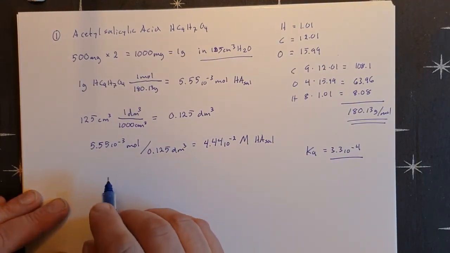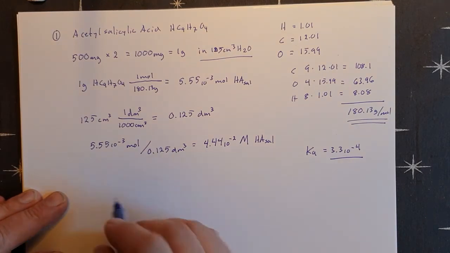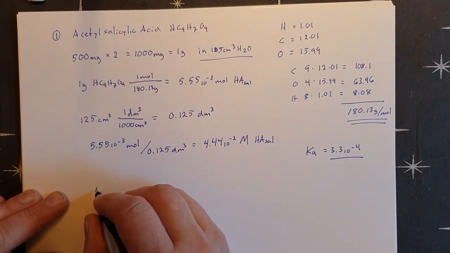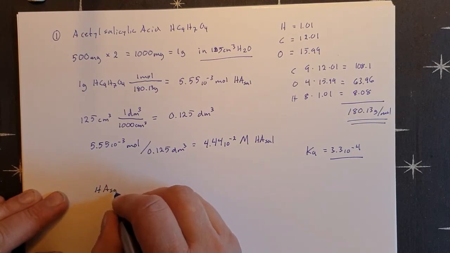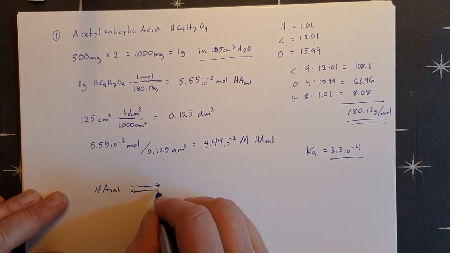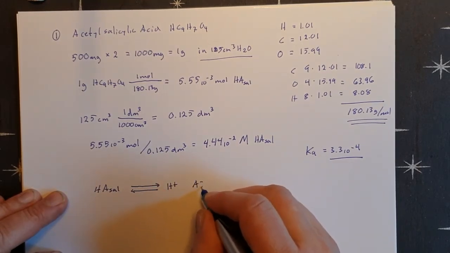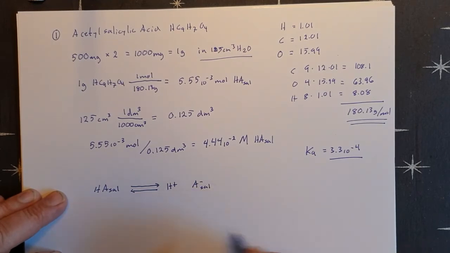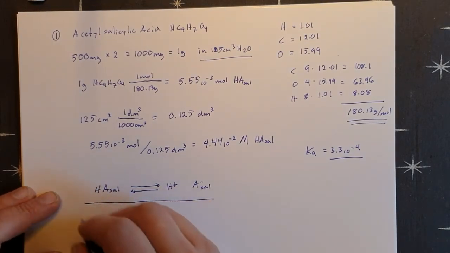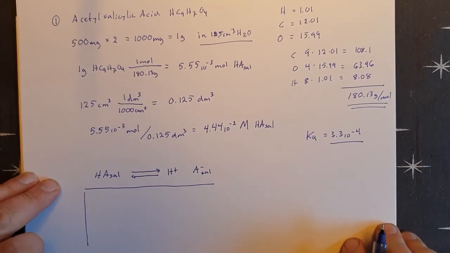So, ICE box. We can write HA sal dissociates reversibly to form H plus and A minus sal. We put it in the box.